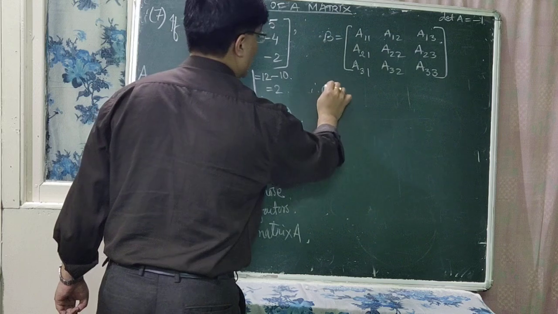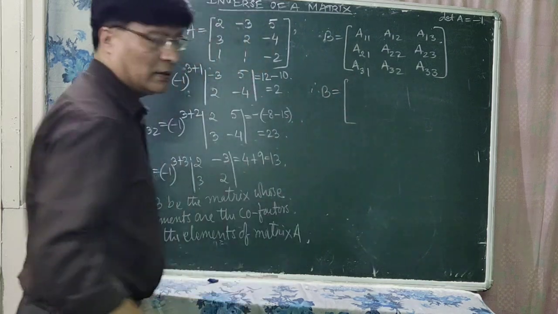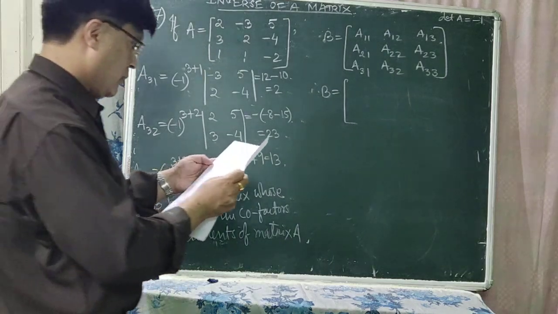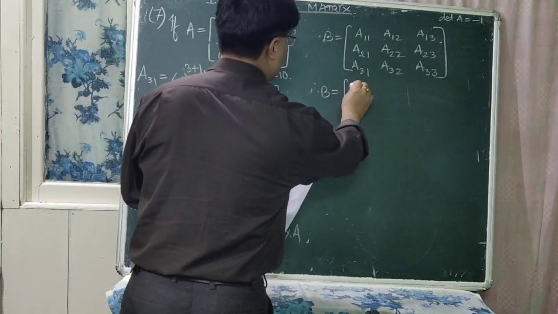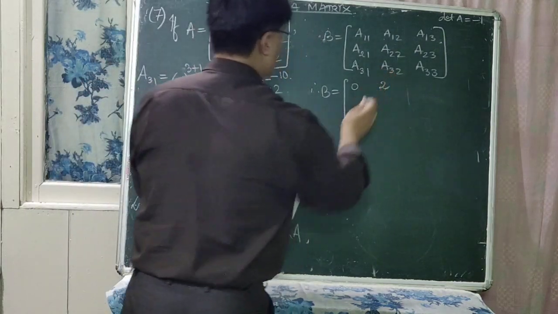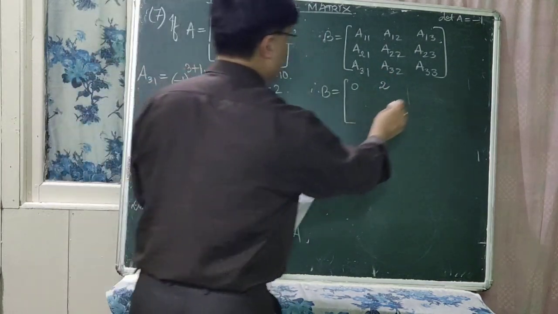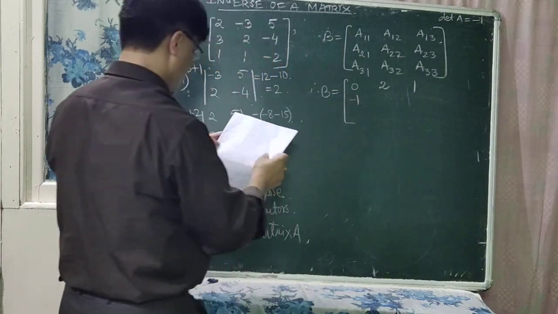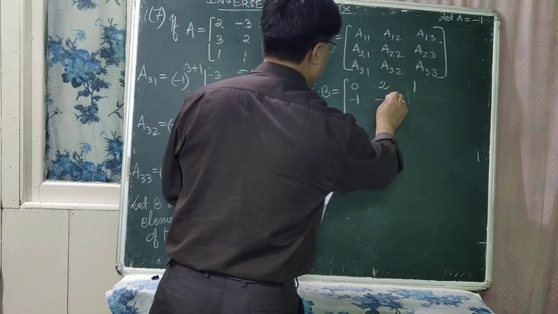So therefore, what is capital B now? What was A11? A11 was 0. What is A12? A12 is 2. What is A13? It is 1. What is A21? It is minus 1. What is A22? Minus 9.